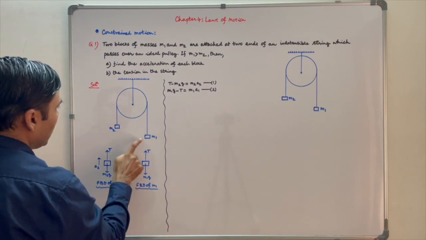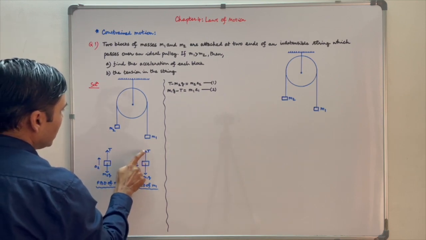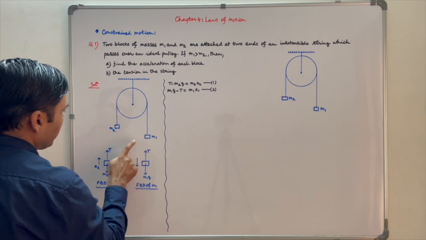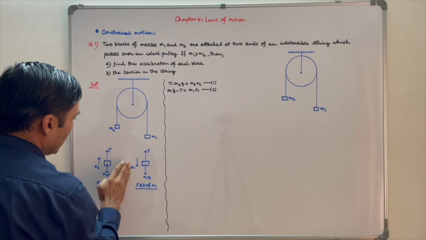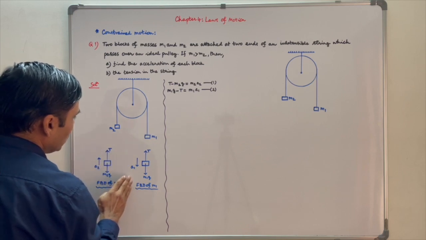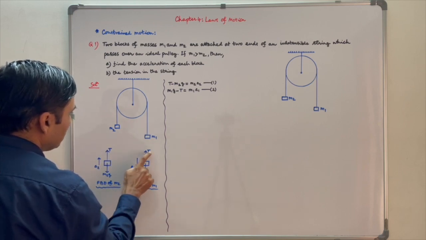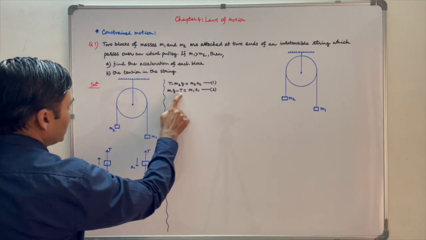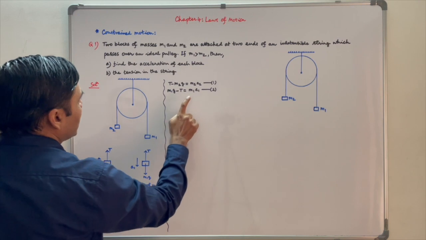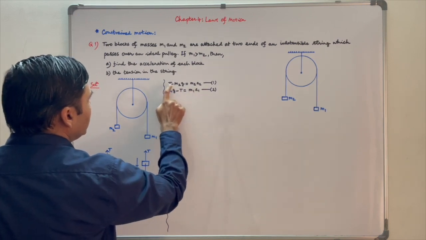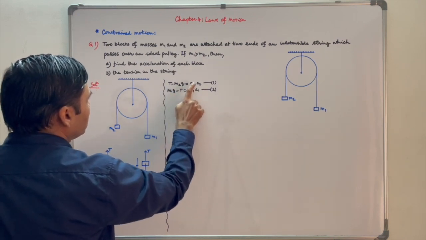This is FBD of block m1. T is working upwards due to string. m1g is its weight. Since this block is moving down, so net force will be downwards, and that is m1g minus T. So m1g minus T is equal to m1a1. Now there are three variables, a1, a2 and T, and we have got only two equations.